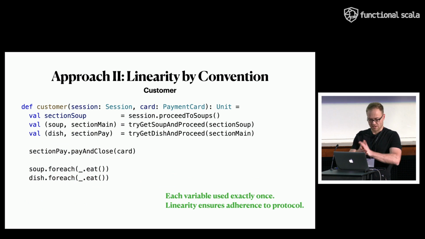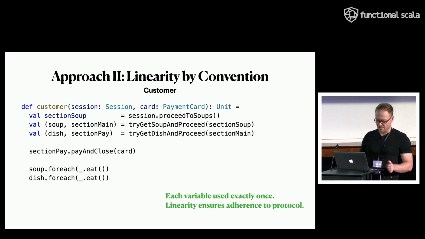Okay, here's the customer implementation. Notice how we adhere to the convention that each variable is used exactly once. These are some helper functions, but they as well, every variable exactly once. And this simple convention of linearity prevents us from violating the protocol.